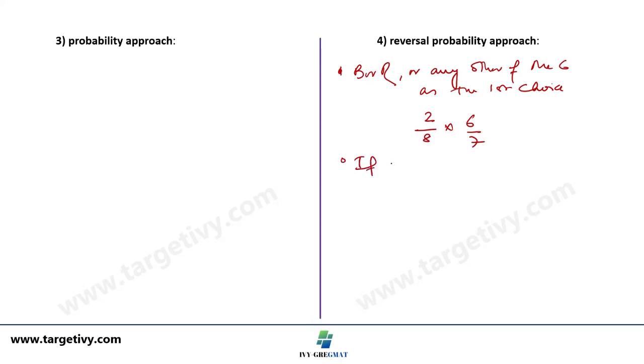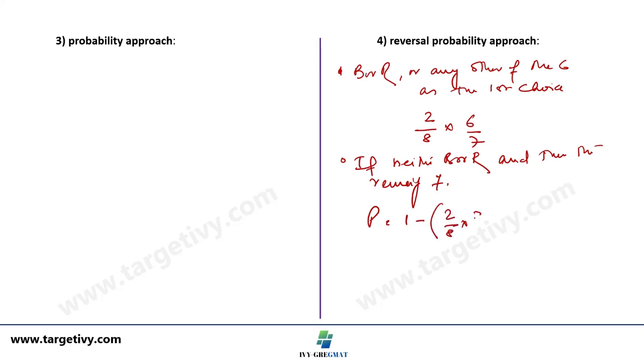Or if neither B or R is the first, and then the remaining 7, it will be P is equal to 1 minus (2 by 8 into 6 by 7 plus 6 by 8 into 1).